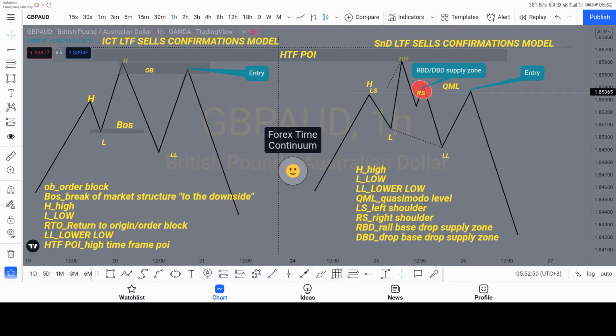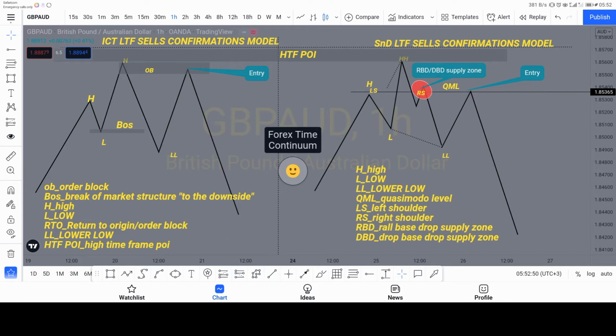As I told you yesterday, the S&D model has more confirmations, or it's more supportive, because there is the QML, there is that supply zone in line with that QML.